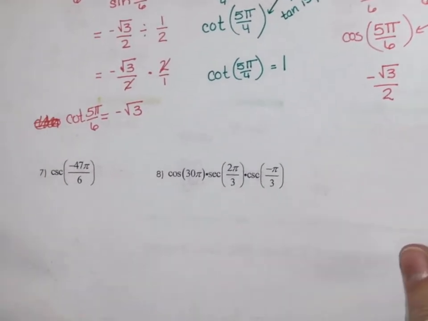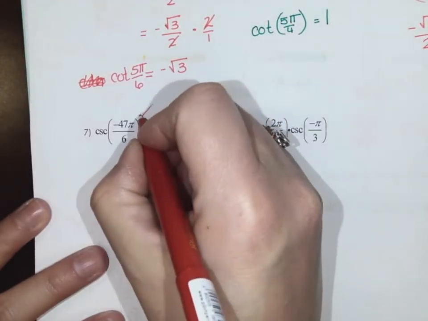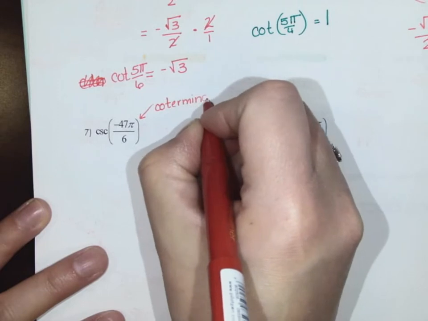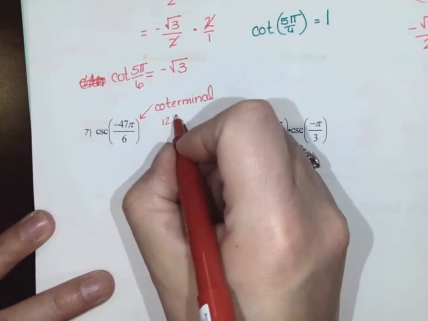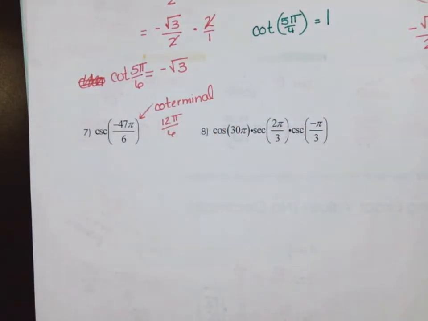Number 7. What's going to be the first thing that you're going to do with a negative angle? Do a coterminal. So we know a full rotation. And if this makes it easier for you, actually write it down.